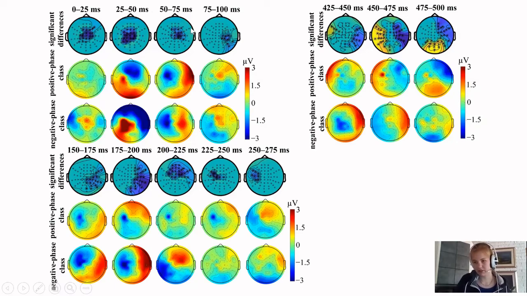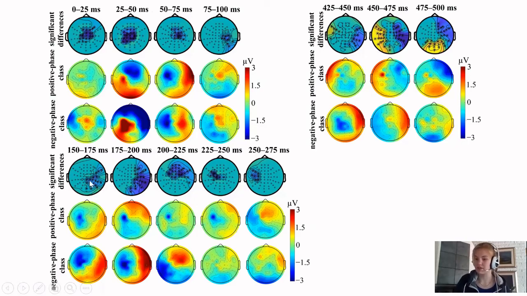And the blue areas show that the negative phase trials have significantly larger EEG amplitudes than the positive phase trials. Yellow areas indicate that positive phase trials have significantly larger EEG amplitudes than the negative phase trials. And this you can also see from the topographies.